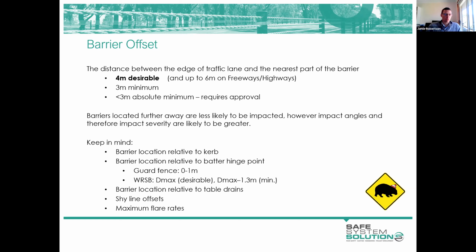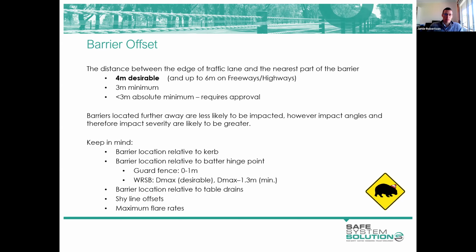Wire rope systems, we want to provide a greater width of verge behind the barrier, between the barrier and the verge edge, to provide lateral support to the post footings, but primarily to ensure that at least one set of wheels of that impacting vehicle remain on the verge when the barrier is at full deflection.